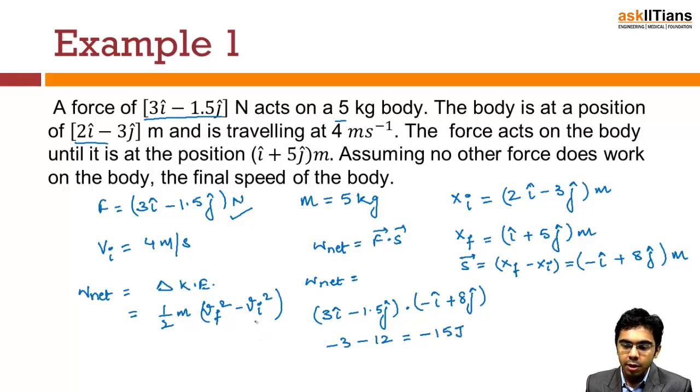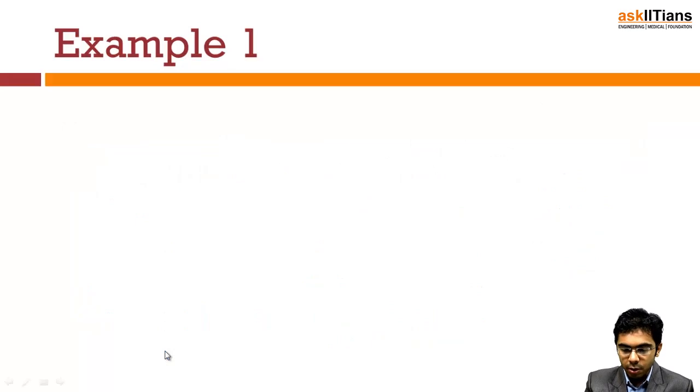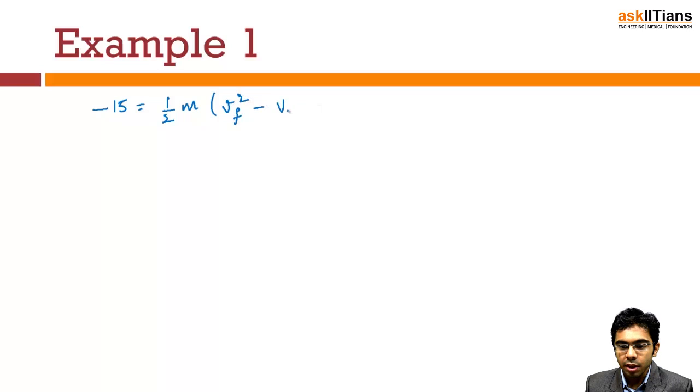Okay, so this much work done we got, that is minus 15 joules. Now let's substitute the value of V initial over here. We are going to get minus 15 equal to 1 by 2 m times V final square minus V initial, which is given to us as 4 meter per second. Now let's substitute the values.